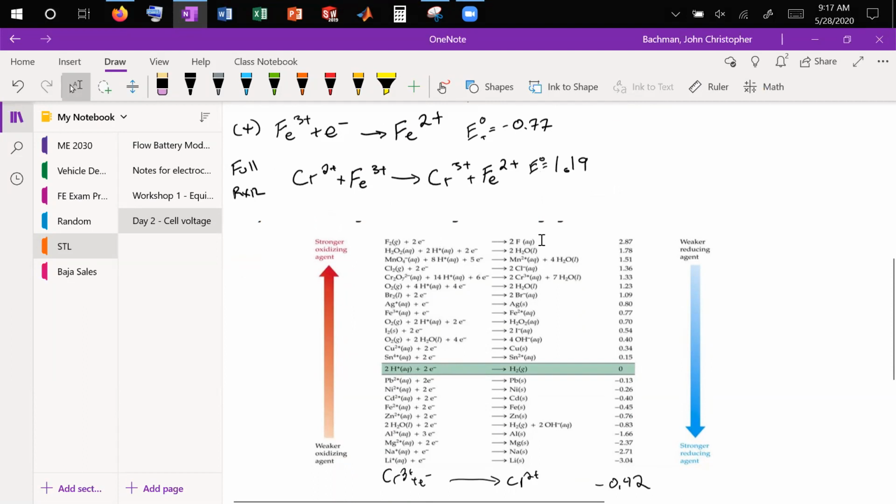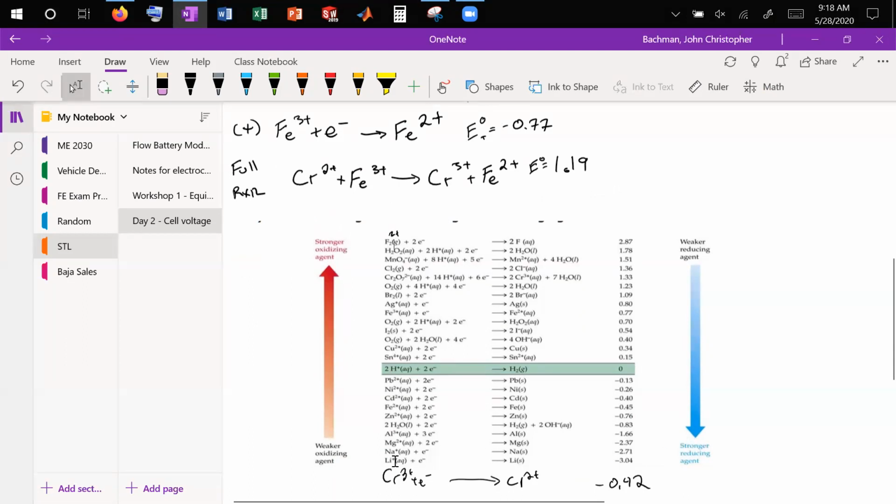Fluorine has the highest, which basically means if this number is really high, this reaction wants to go left. And by the way, I cut off a 2+ here. So this means it's a strong oxidizing agent, where here, this means it's a strong reducing agent.